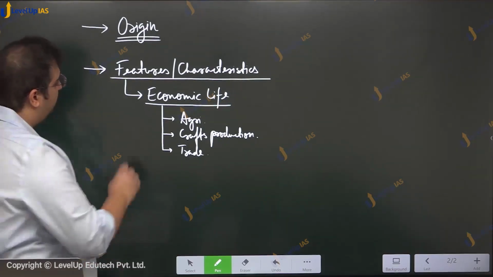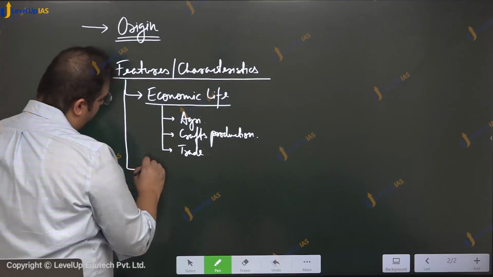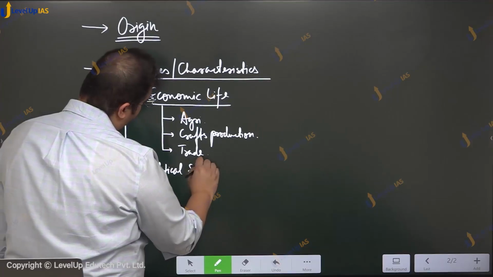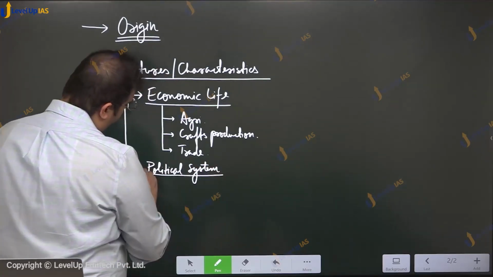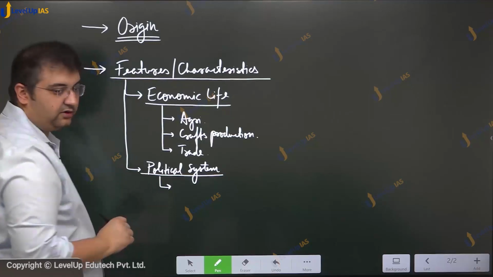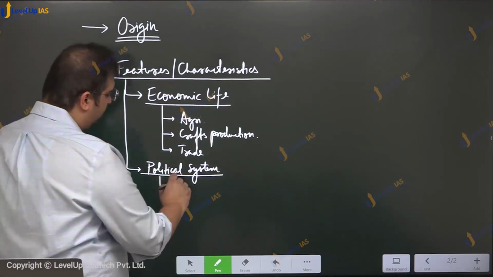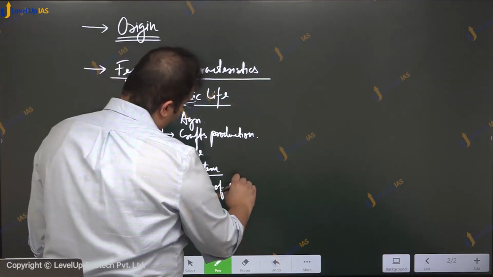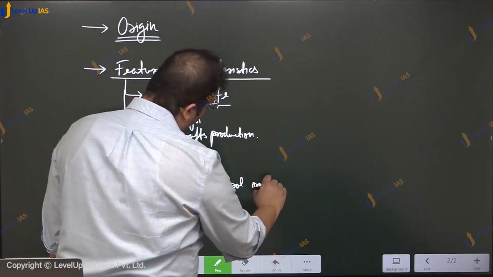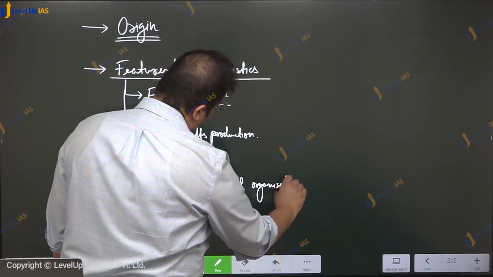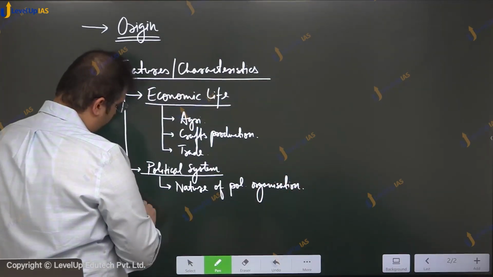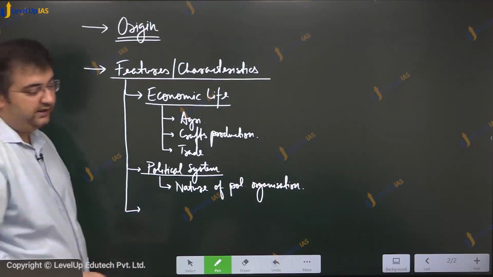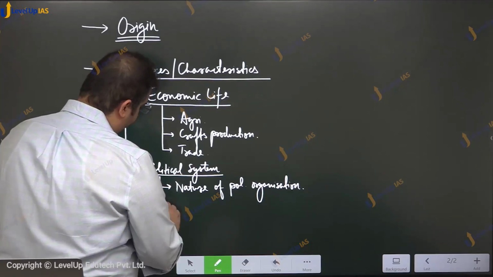There may be a question with regards to the political system. First of all, whether such a political system existed or not, and if it did, what was its nature? Then there may be a question with regards to the social structure and economic structure.